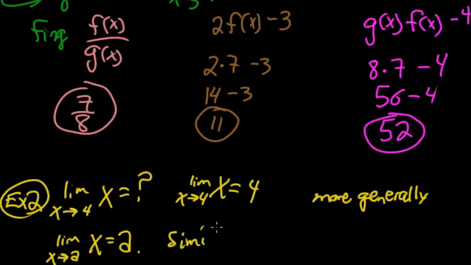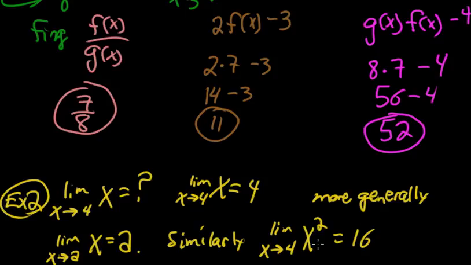Well, similarly, we can say a little bit more. We can say that the limit as x approaches 4 of x squared equals 4 squared, which is 16. Because here x squared is similar to our f of x. Instead of having f of x, we're just writing x squared in.